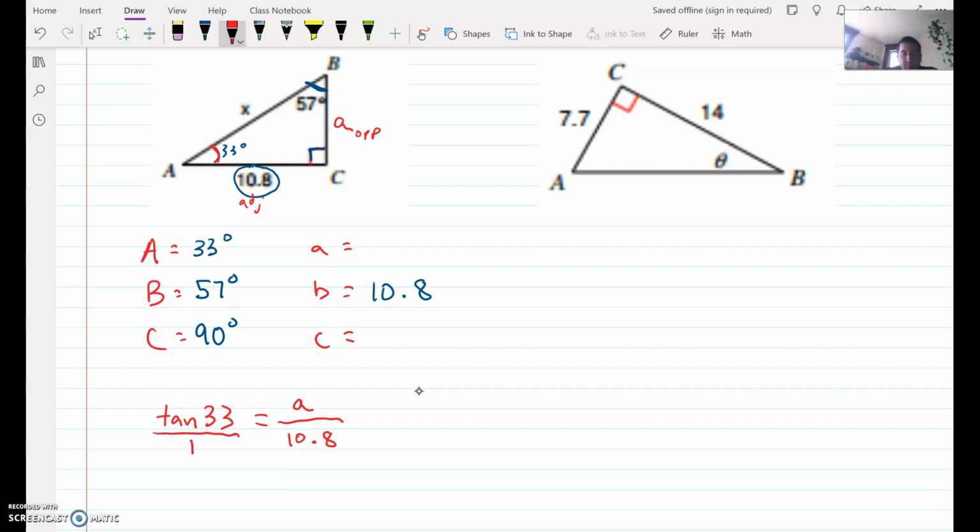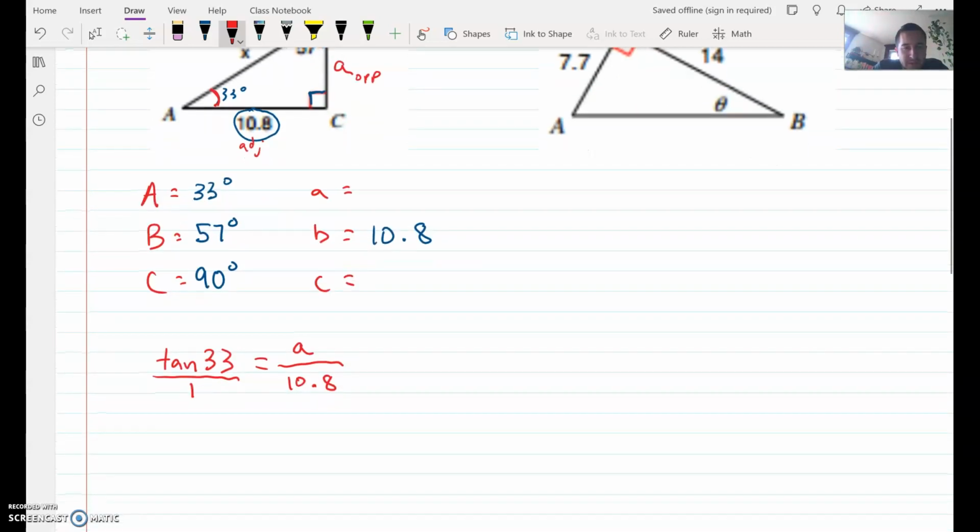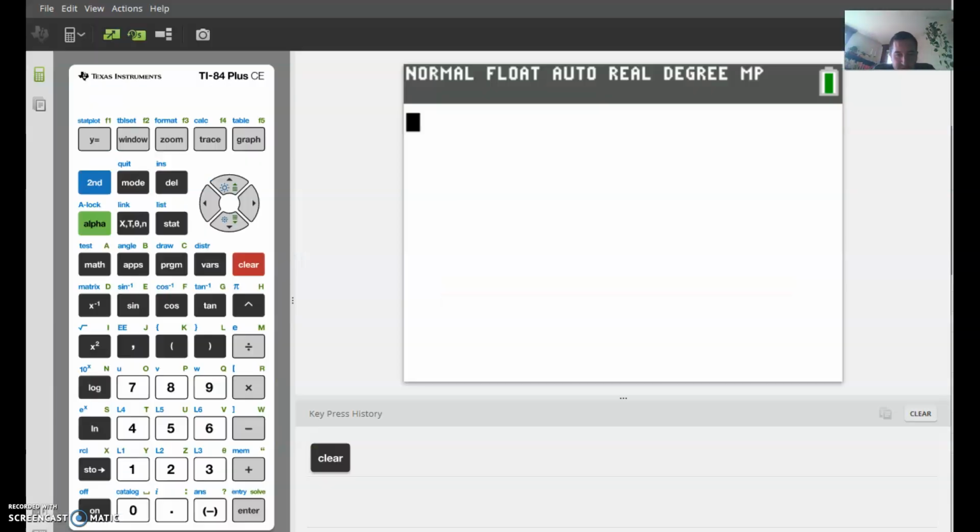So now I have a proportion set up here, and I'm going to solve it by cross multiplying. So I'm going to do tangent of 33 times 10.8. That's where my calculator is going to come in. Tangent of 33, we'll make sure we close that in parentheses, multiplied by 10.8, and then that's going to equal a times 1. So that's actually going to be my answer. So let's go type in tangent of 33 times 10.8.